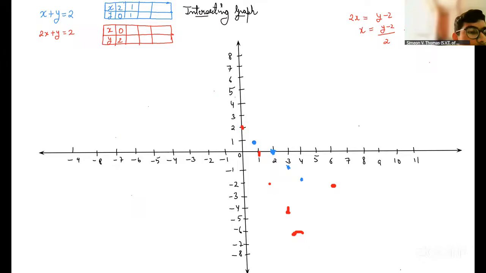Understood? But I'm substituting y for 1. I also substitute 1. See, 1 minus 2 is minus 1. Understood? How minus 1? Oh, okay, I got it. I was doing 2 minus 1.